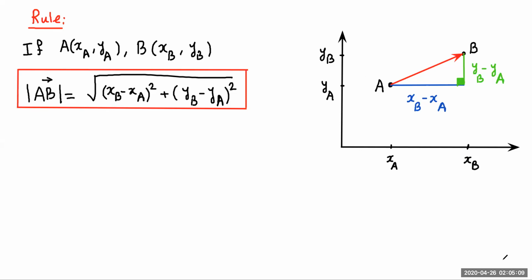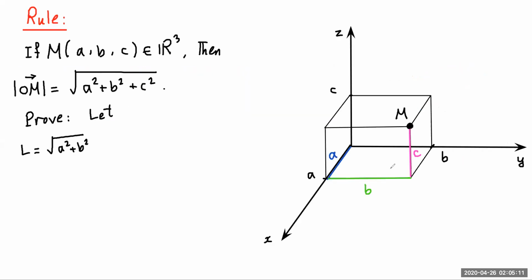Okay. Now, this is also correct for 3 dimensions. So if I suppose the point M(a, b, c), as in the picture here, the length of the vector OM will be root of a squared plus b squared plus c squared. This is correct.